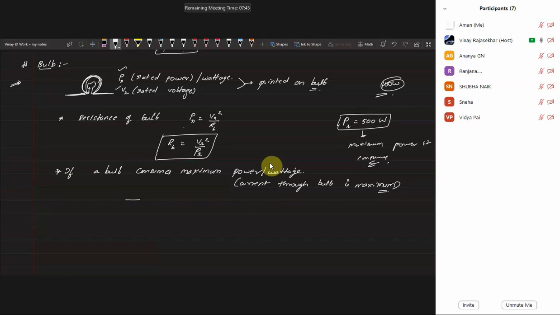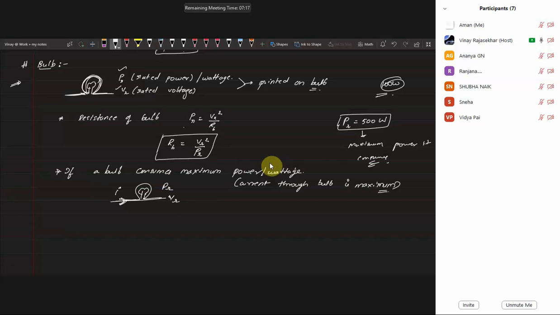Now, for example, if I take a bulb, I'll take PR and VR. Tell me, what are PR and VR? PR is rated power, that is also called wattage. VR is called rated voltage.